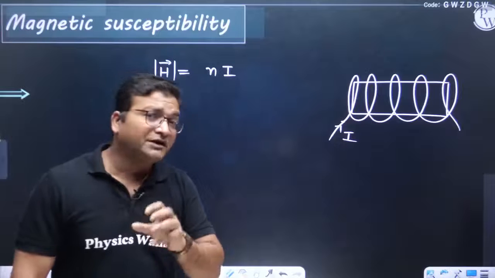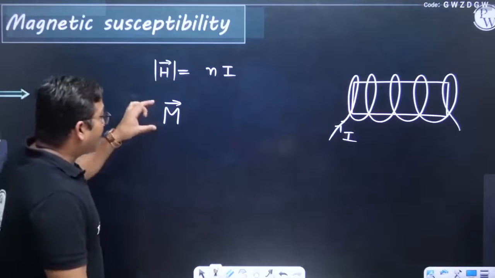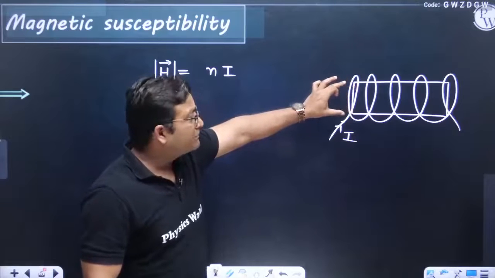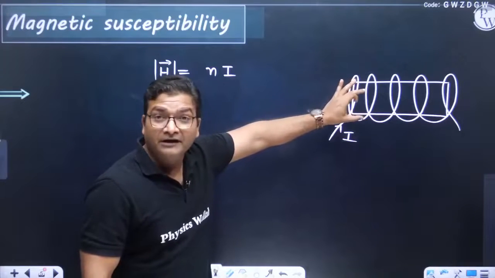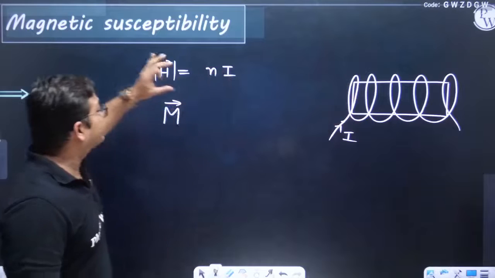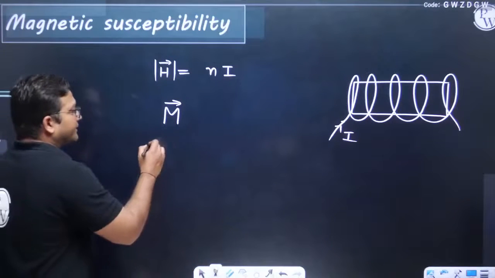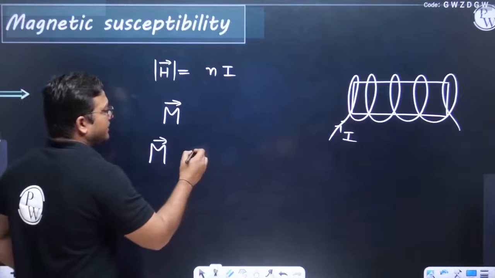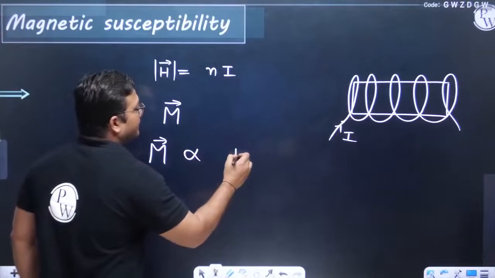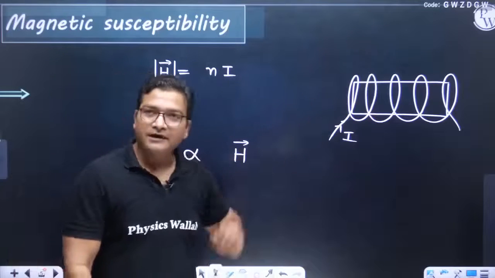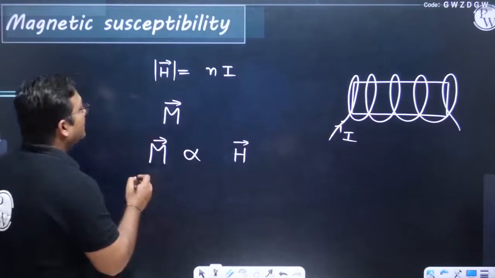Okay. So actually what we observe is that the magnetization happening in the magnetic material is proportional to the H field created by the current. So this magnetization vector M is proportional to the H field created by this current.